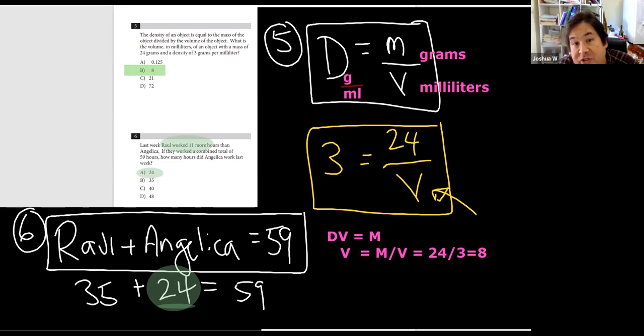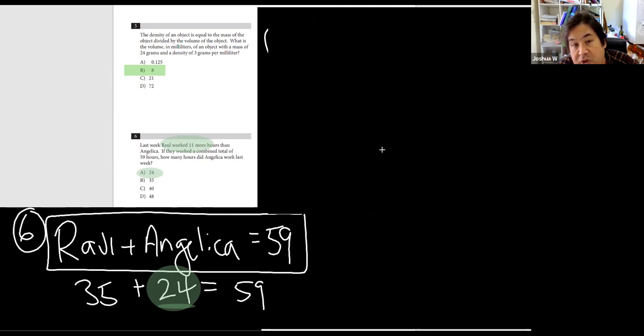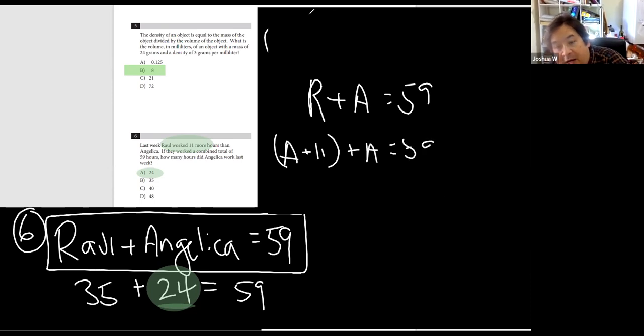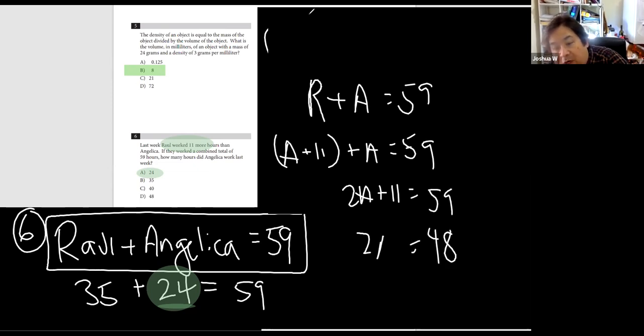That's a really good strategy when you're working because you cut time corners as much as you can. If you write down Raul plus A is 59, Angelica plus 11 plus Angelica is 59, 2A plus 11 is 59, 2A equals 48. This is me working as fast as I can, and he's already got it done.